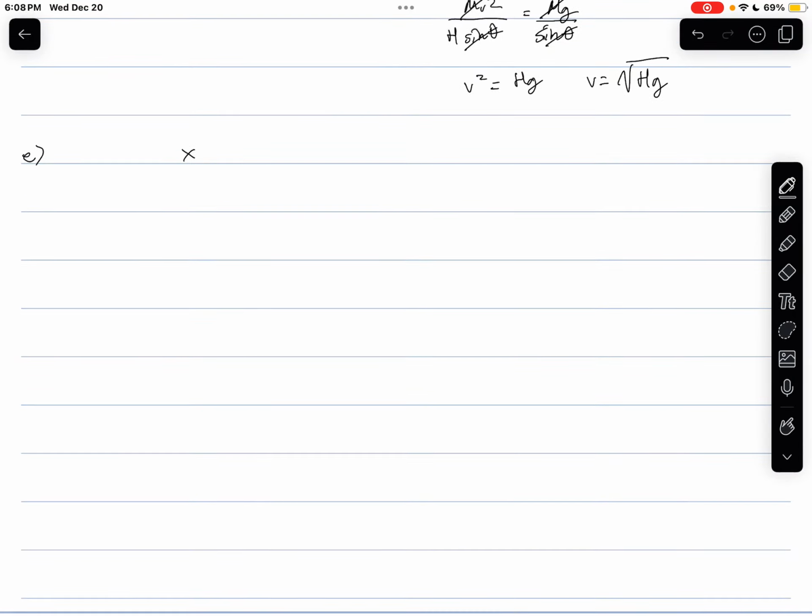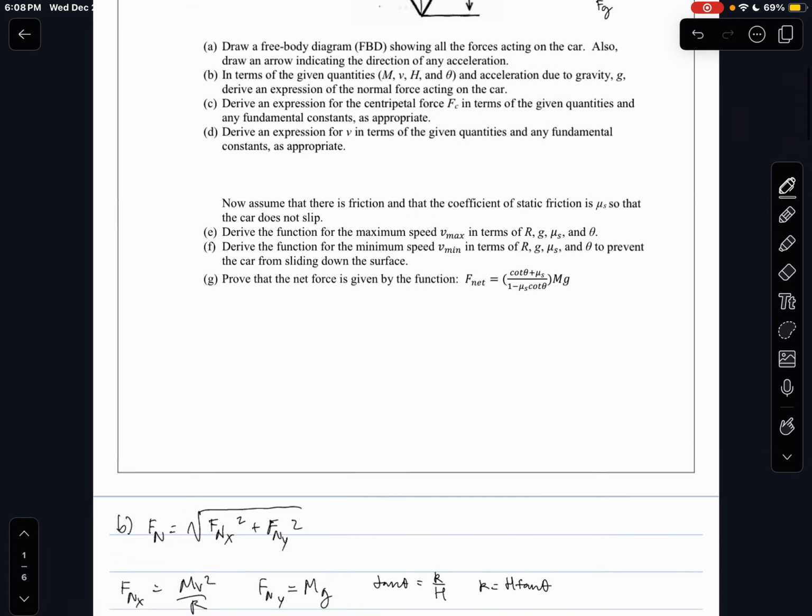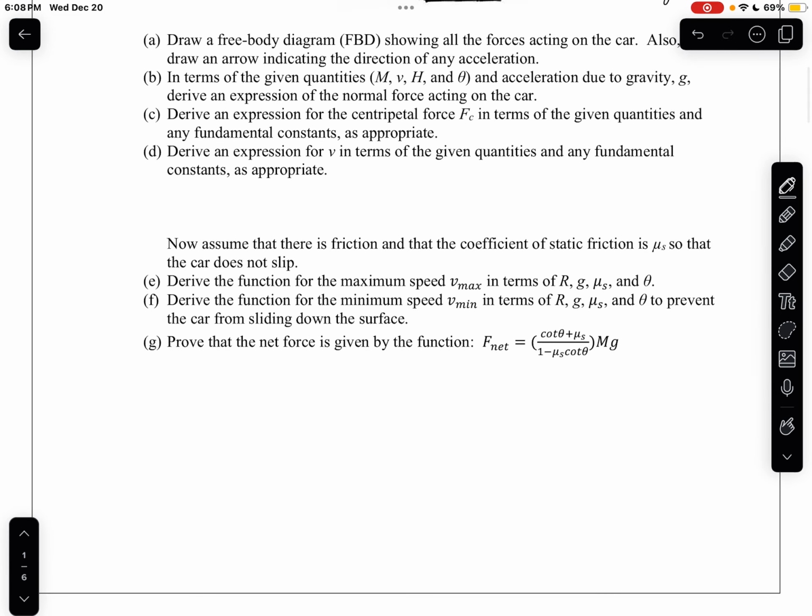Okay, so for part E, I'm going to make the x and y chart. And the forces acting when the car is going at maximum speed, you want the Fs to point downward because you want to keep the car from slipping out, right?